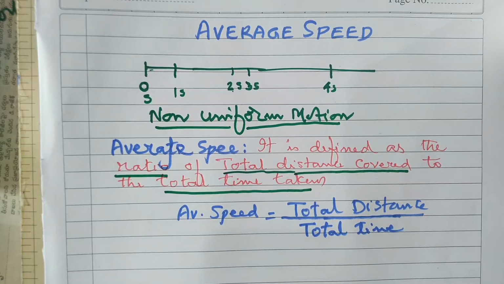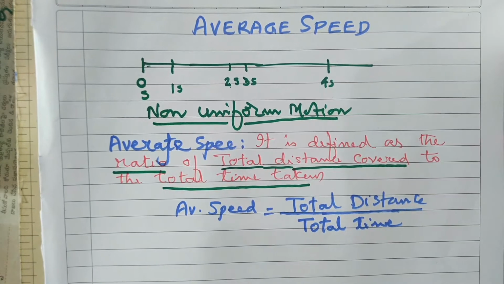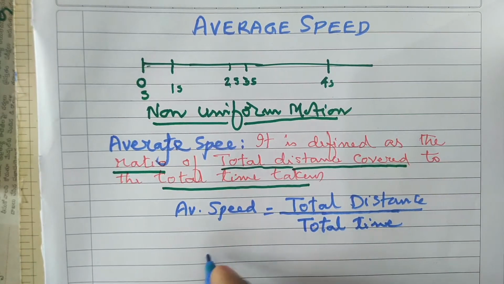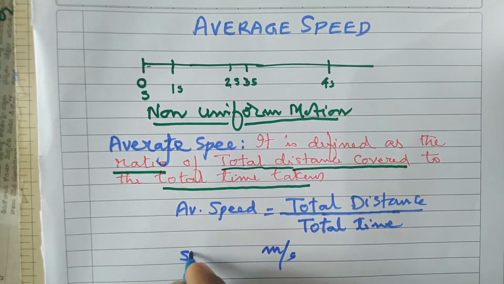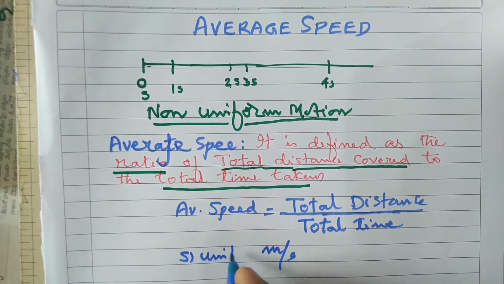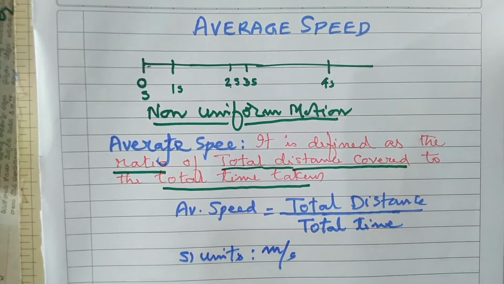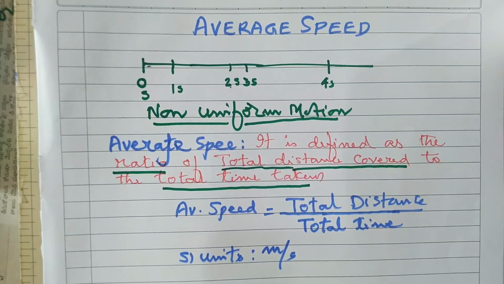As usual, the SI unit of average speed is also meter per second. Other units we can use are kilometer per hour, miles per second and so on. It is very similar to normal speed.